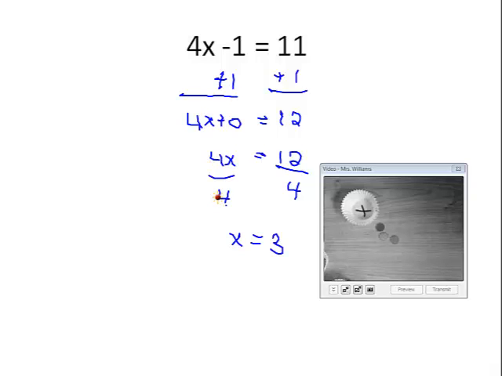Can we? Absolutely, because 4 divided by 4 is going to be 1. So it's going to be 1x is equal to 12 divided by 4, or x is equal to 3. Okay, let's check that by substituting back in.